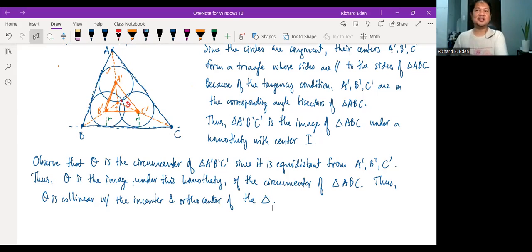The incenter is not on the Euler line, but the orthocenter of ABC is.